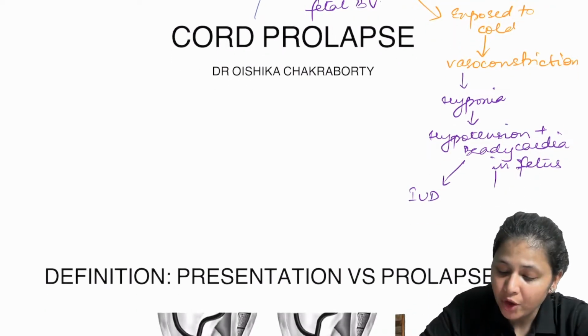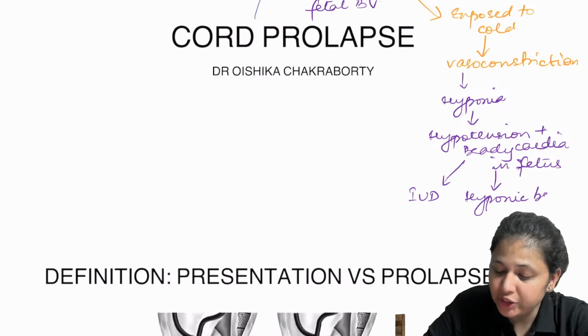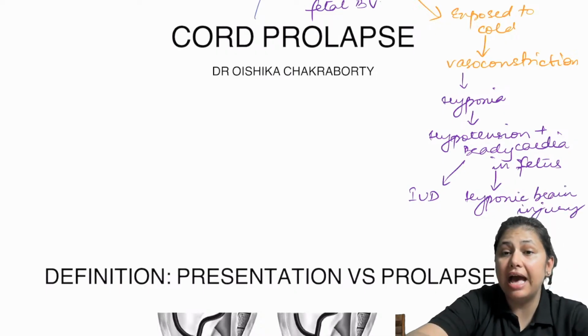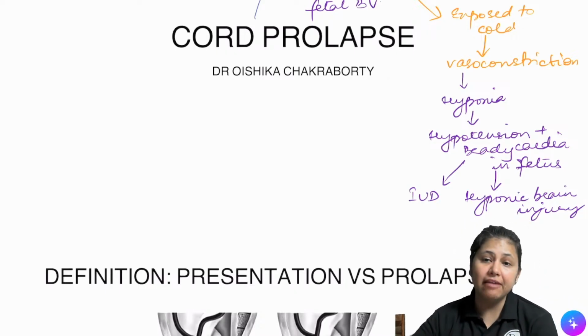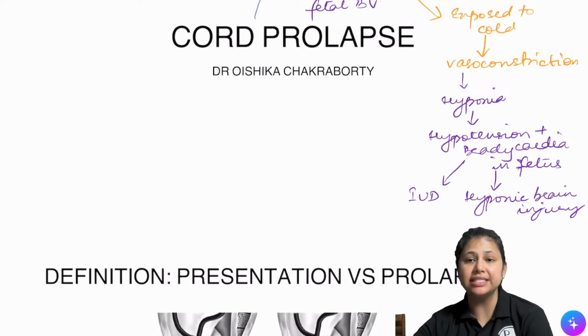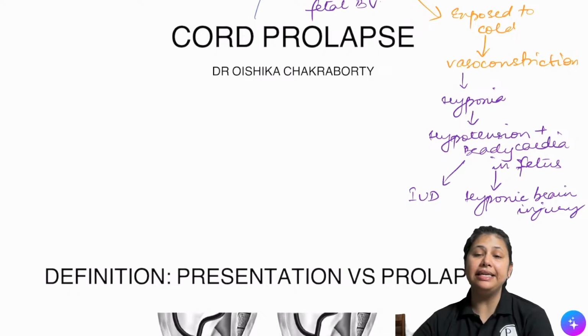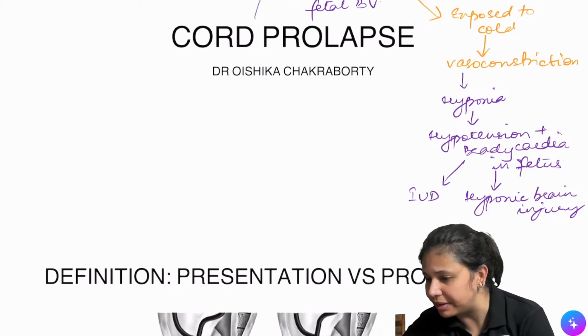The fetus may die, or there might be hypoxic brain injury. The baby that is born may have hypoxic brain injury, may not have normal milestones, might have delayed milestones, or may even suffer from cerebral palsy.